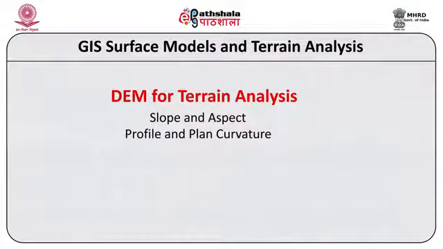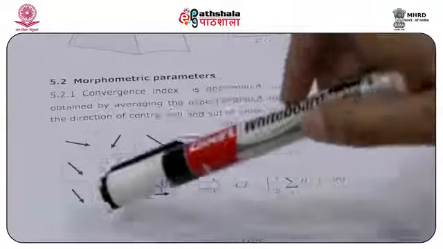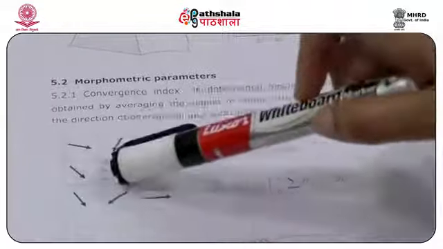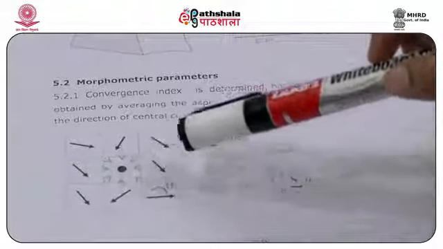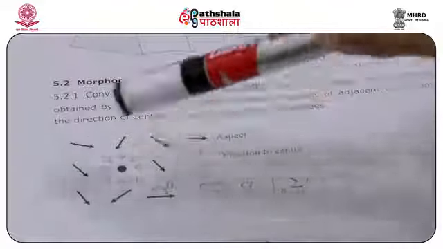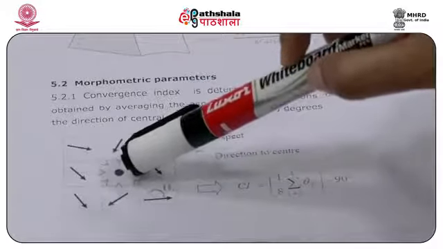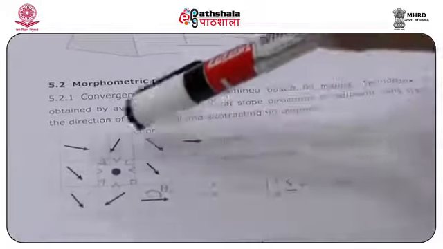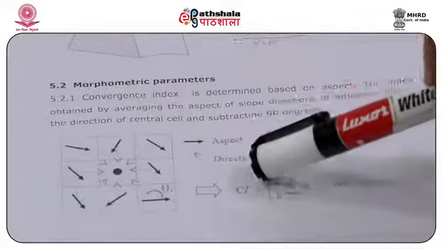Like the convergence index. It is based on the aspect of the raster cell, and this index is obtained by averaging all the aspects, or slope directions, of the adjacent cells. You will notice that for the profile curvature, plan curvature, or even the development of aspect, all the neighboring cells play an important part in developing an index for a certain pixel. So here also we have an average of all these aspect values and we get a convergence index.